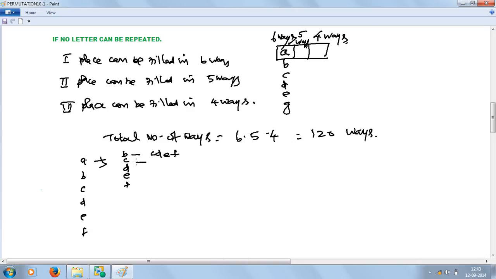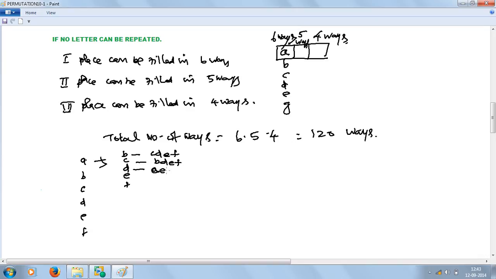A you cannot use, C you cannot use. You can use B, D, E, F. Four ways. What about D? If you use A and D, what about this one? You can use B, C, E, F.